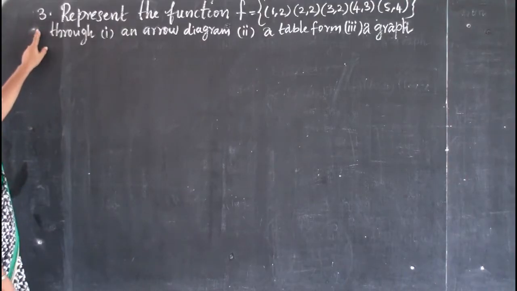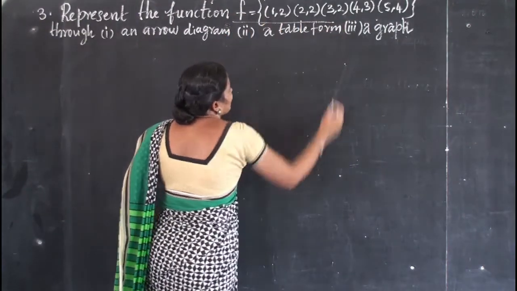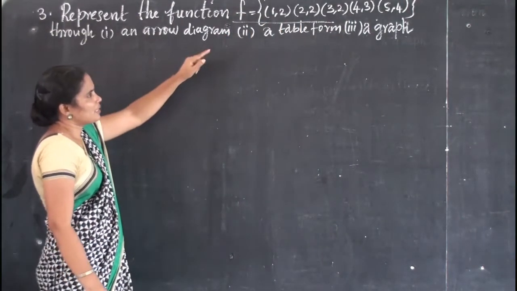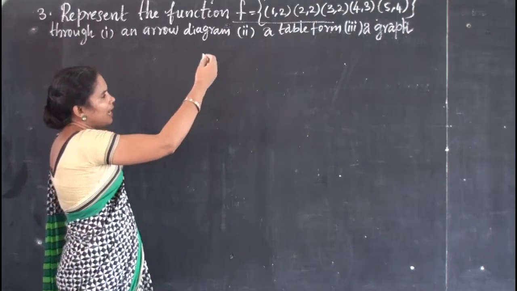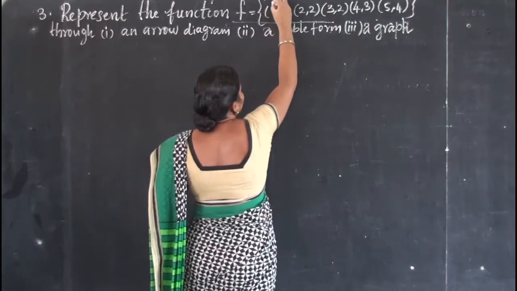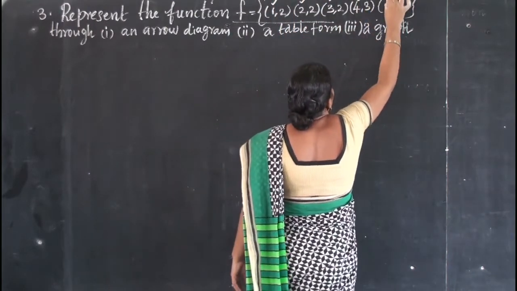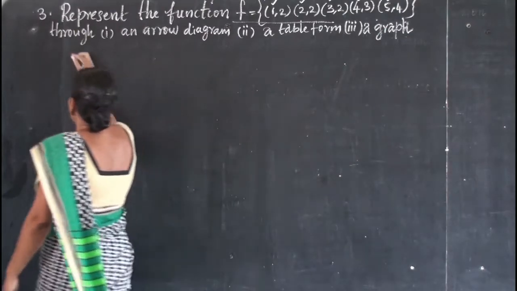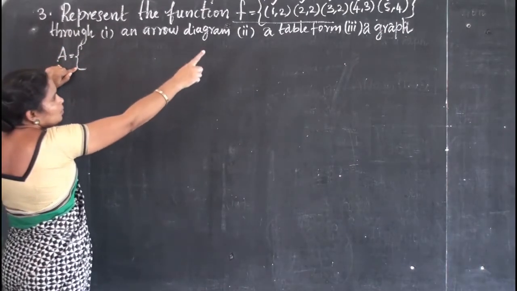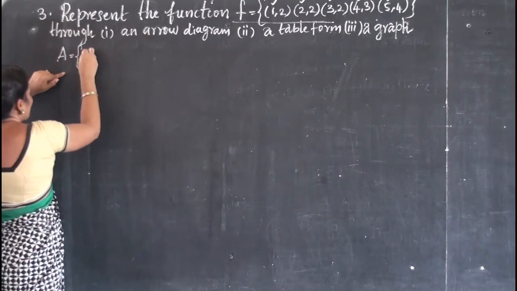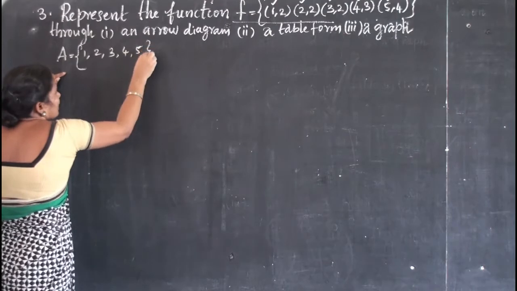Question number 3. Represent the function given as a set of ordered pairs. F is equal to {(1, 2), (2, 2), (3, 2), (4, 3), (5, 4)}. As we discussed earlier, the first elements present here all belong to A. So A is equal to 1, 2, 3, 4, 5.